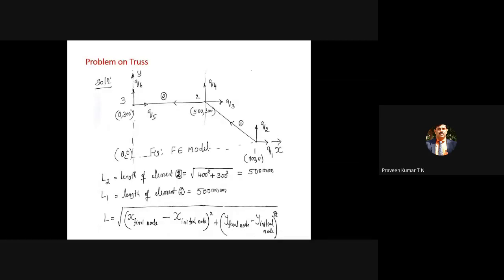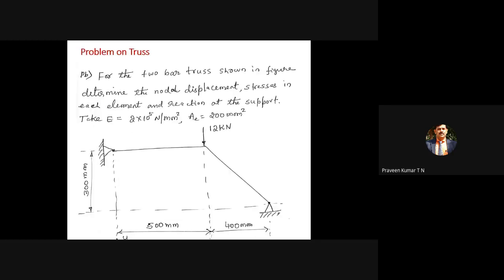L1 is the square root of 400 square plus 300 square, because the base is 400 and the height is 300. Finally you get 500. The length of element 1 is 500 mm. This is the length of the element.